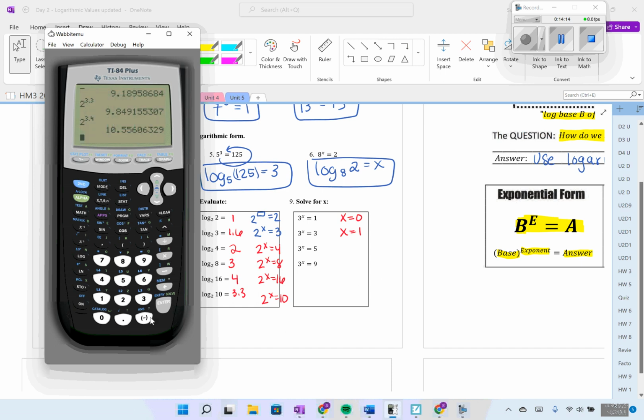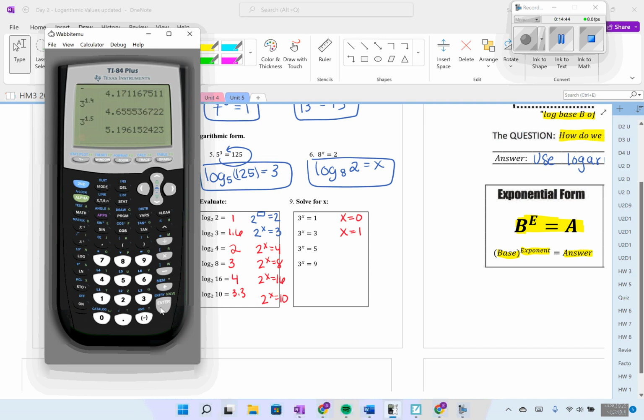So let's go ahead and do our guess and check now. So 3 to the power of, let's do 1.3. And then 3 to the power of 1.4. And 3 to the power of 1.5. So 1.5 gives us 5.19.